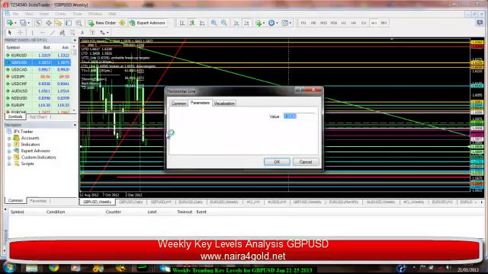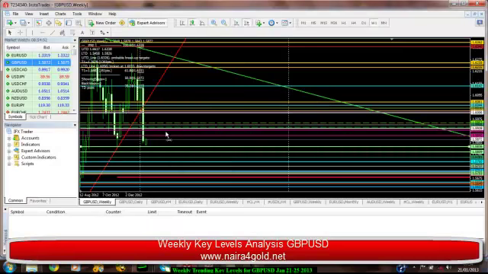So we have the levels intact right now, and currently price appears to have tested the second Camarilla support level for the week, which is at 1.5836, but price got to 1.58343 rather, and turned back. The week opened with a gap.